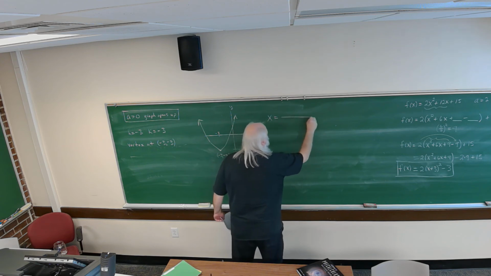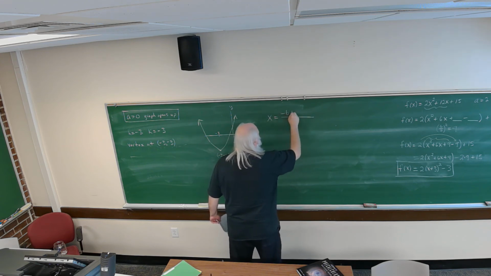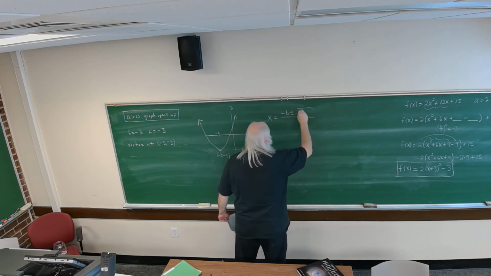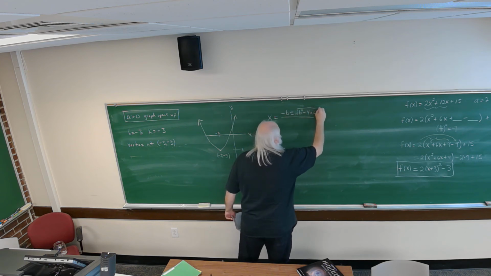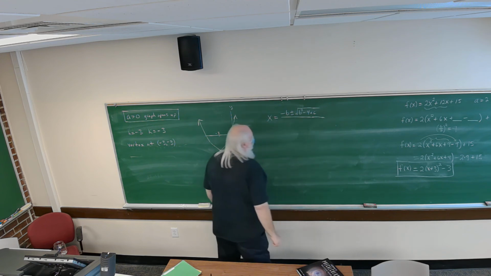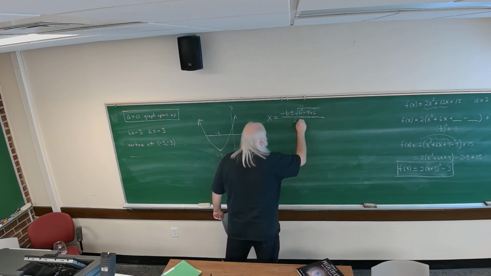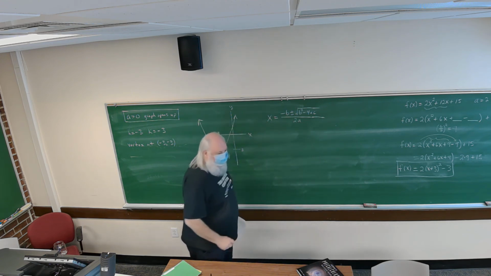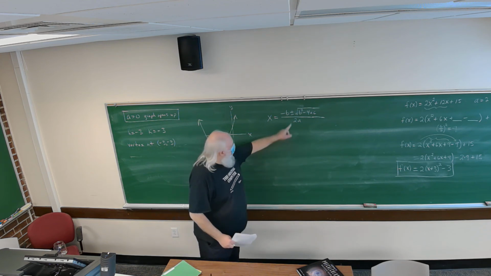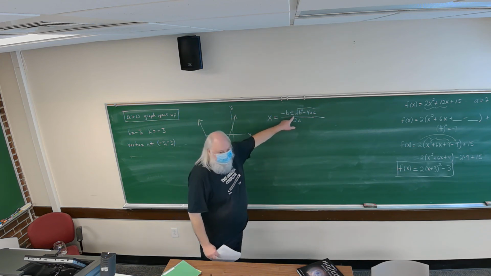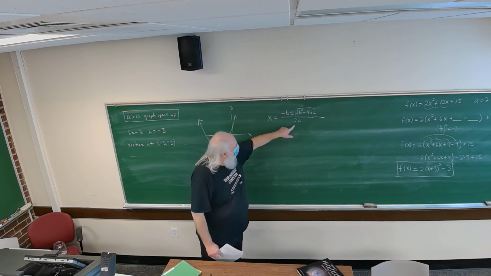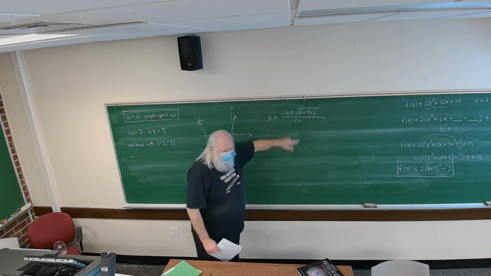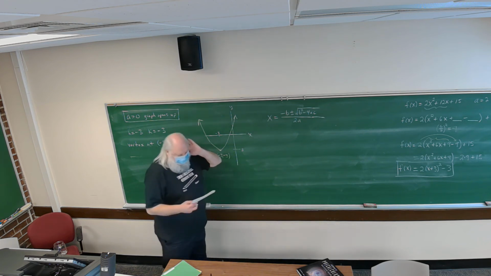X is equal to -b plus or minus the square root of b squared minus 4 times a times c, right? And that's all divided by 2a. And remember, division does not undo addition and subtraction, right? So technically, you're dividing -b by 2a, and you're dividing the square root by 2a, okay?